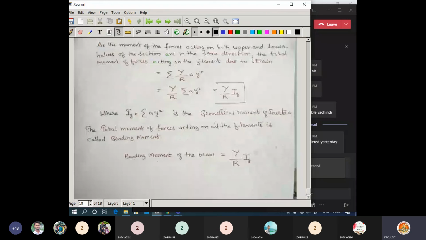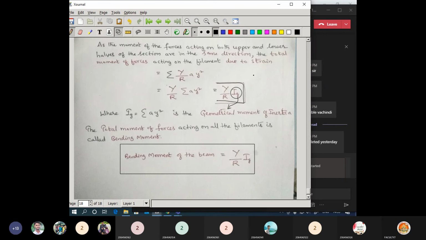So this was the final expression we got in the derivation. Now here we mentioned this Iz as the geometrical moment of inertia. So the entire expression for the topic is this bending moment of the beam. So this completes the topic.